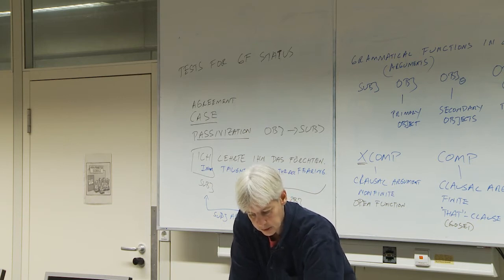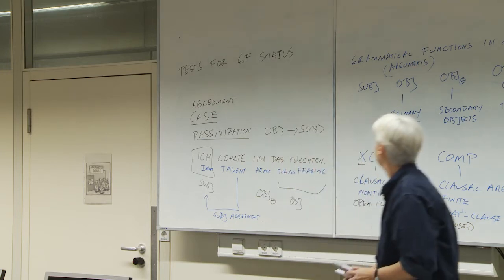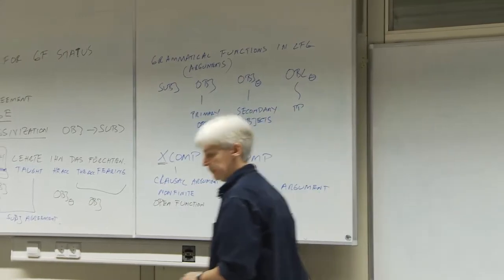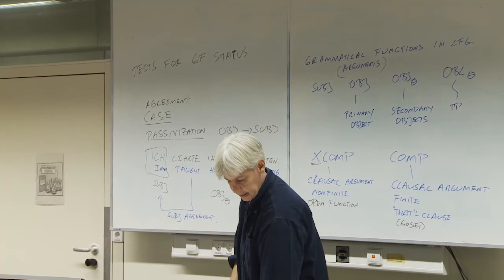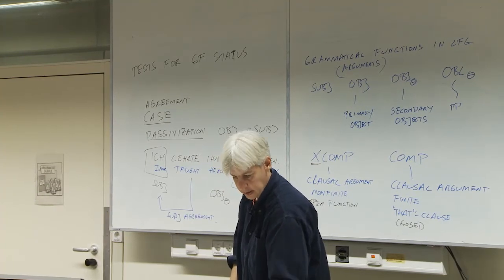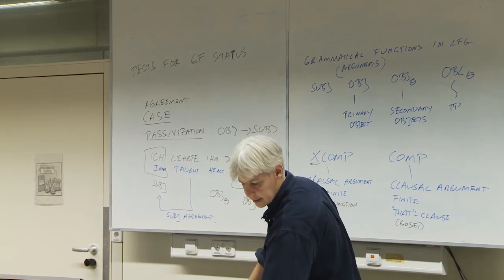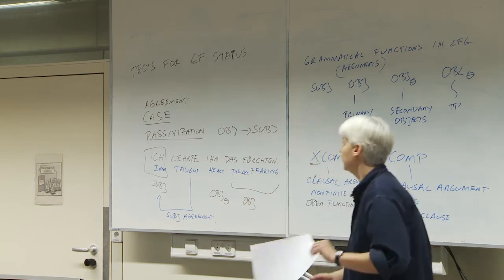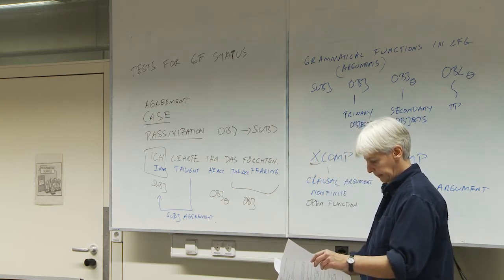I'll take questions though, if you have any questions. So we'll go through the course and we'll do some analyses and try to see whether we can come up with good tests for these things. For English, they're fairly well established. For other languages, if you go out into the field, it's a difficult question.